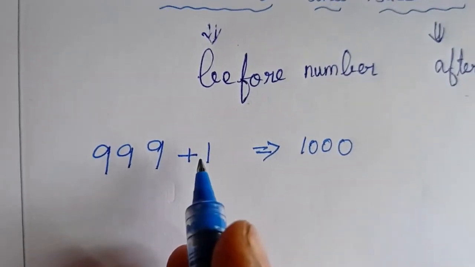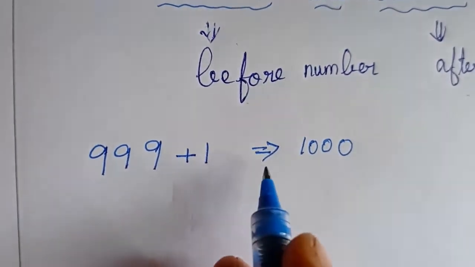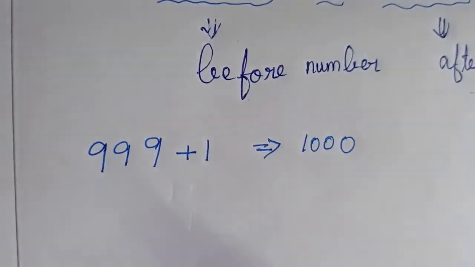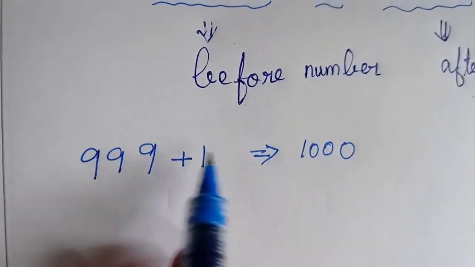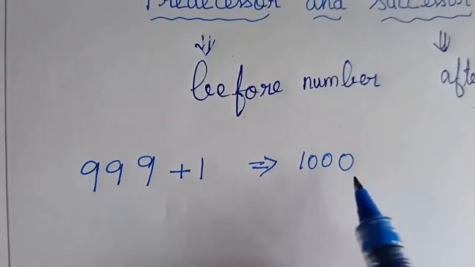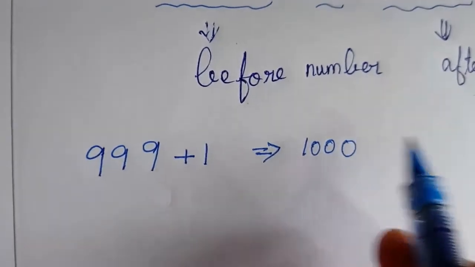So children, add 1 to find the successor of a number, that means the after number.